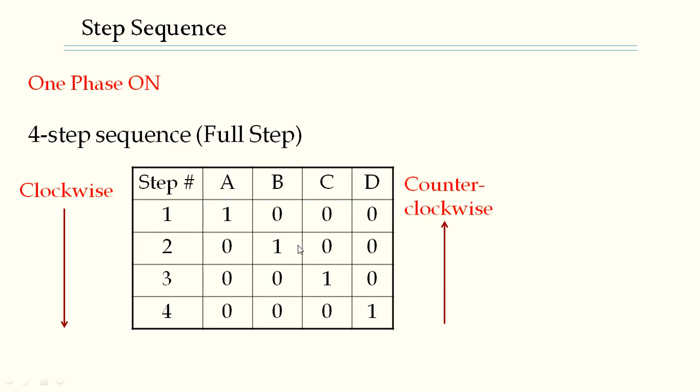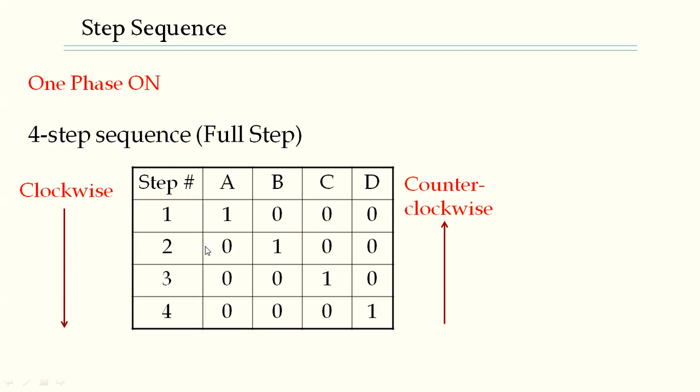Next we energize coil B by sending a value of 1. Whatever we have written here as 1, 0, 0 or 0, 1, 0 are the logical sequences that are being provided. But effectively, when we look at the electrical parameters, it would be a voltage of 0 or 5 volts that's applied to the respective coils.